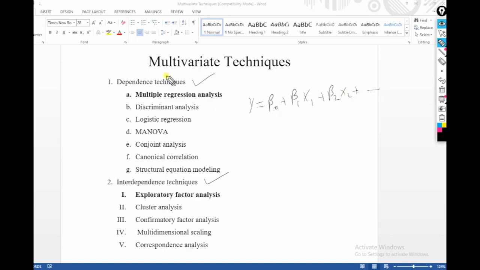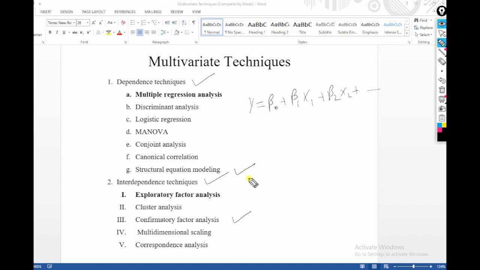The purpose of this dependence technique is to find the relationship between two or more variables, and then we find whether a particular independent variable significantly contributes to the dependent variable or not. So we can test the hypothesis also, but in the interdependence technique we do not find any relationship between the variables. The purpose is different.